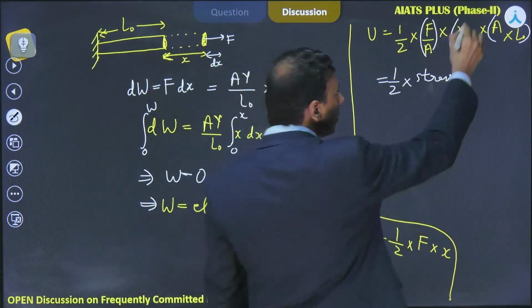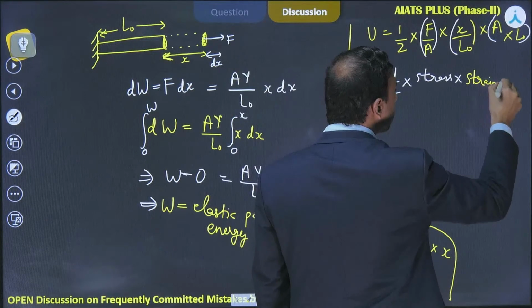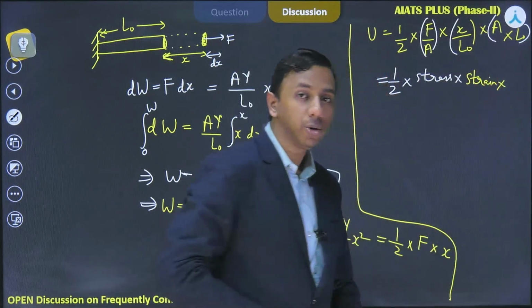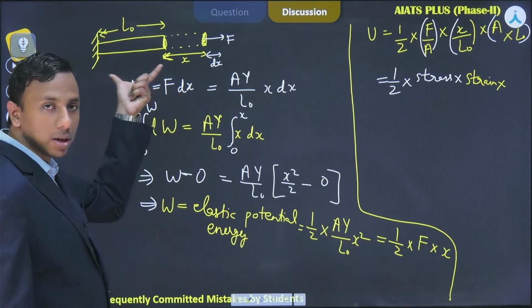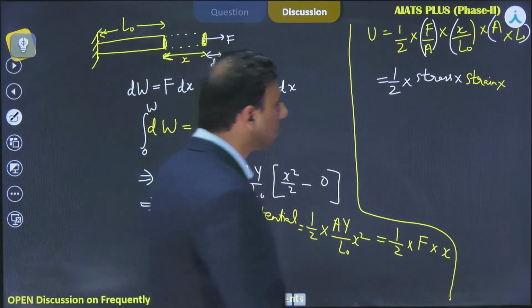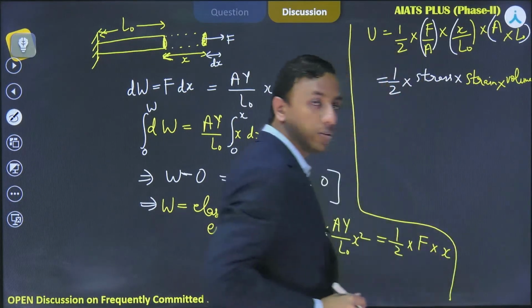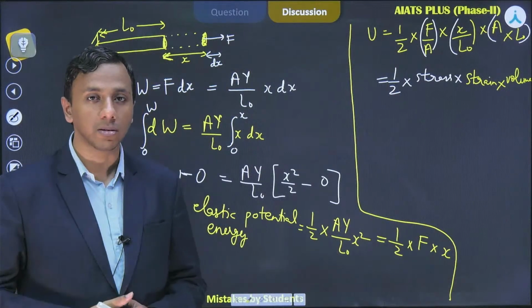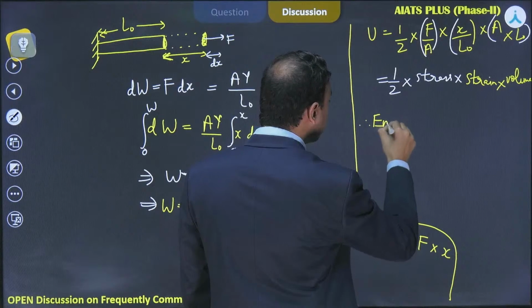And what was x upon L naught? That was your strain, right? And what is this? A into L naught is the area of cross section times the original total length. So we can call it as volume, right? This one is your volume. So from here you are getting a new expression or a new term, that is energy density.